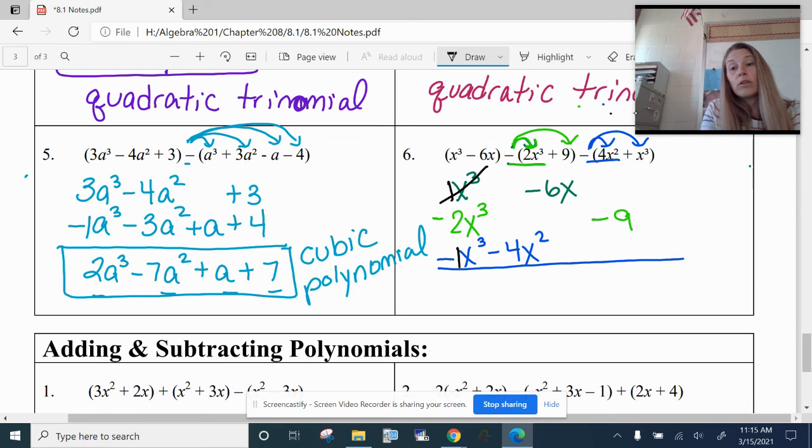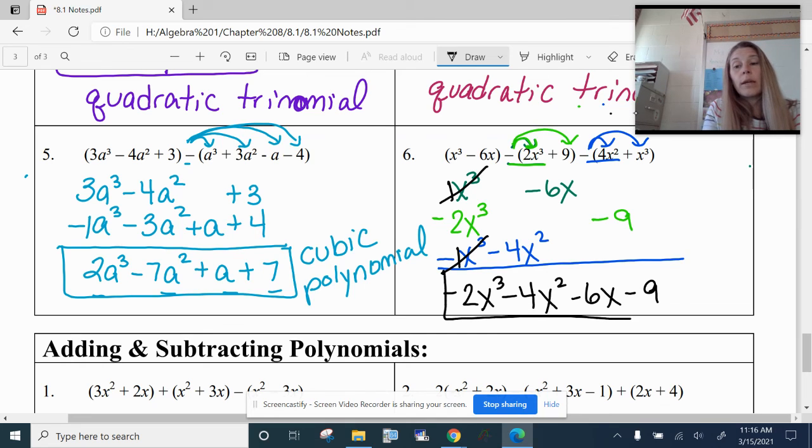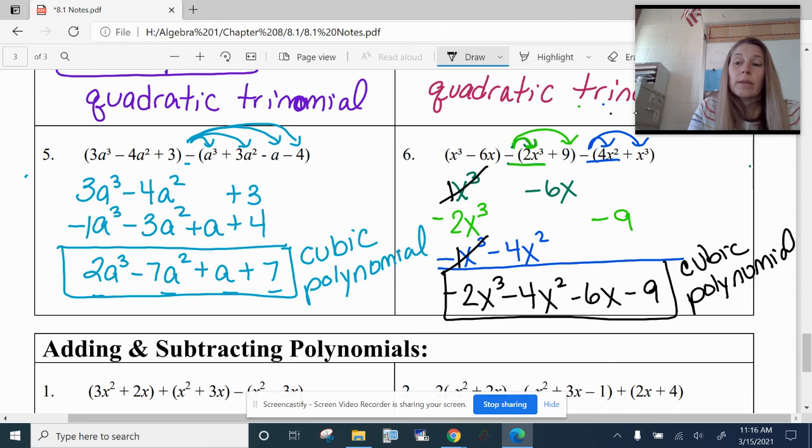So these two really could just cancel each other out, leaving me with negative 2x cubed minus 4x squared minus 6x minus 9, because there were no other like terms. Again, this would be a cubic polynomial. Cubic because the largest degree is that third power, and polynomial because you have 4 terms being linked together with the addition and subtraction signs.